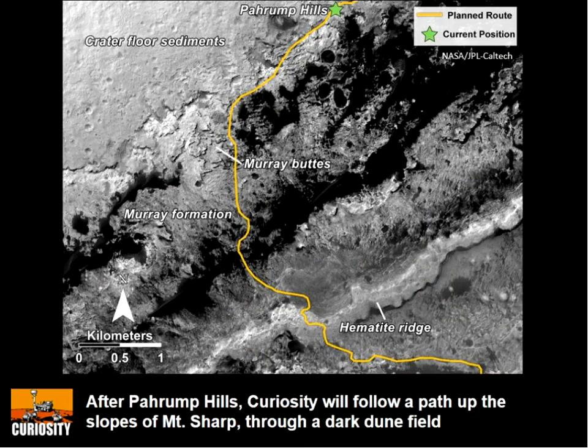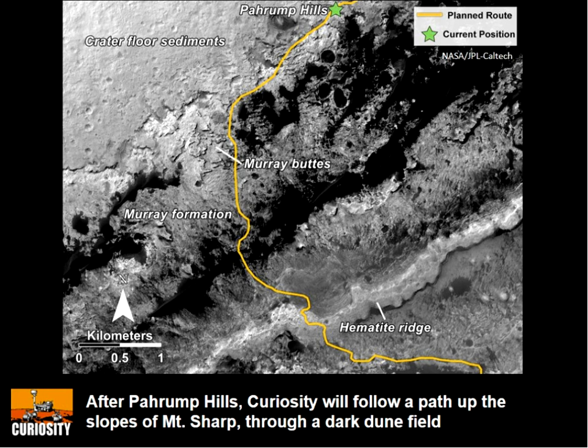And then here's our plan for the next couple of years. So we're at the top of this picture in Pahrump Hills. The lower you go towards the bottom of the picture, the higher you go up on Mount Sharp. So every one of these lines you see across the picture is another layer of Mount Sharp. And so we want to follow the yellow path.